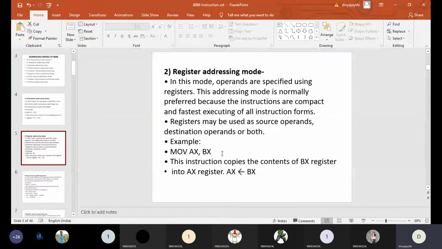Here in this example, BX contains the data and AX is the destination register. After execution of this instruction, the data stored in BX will move to AX. So that is about the register addressing mode.